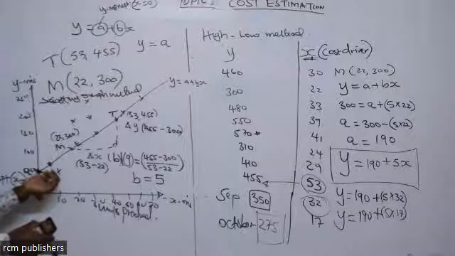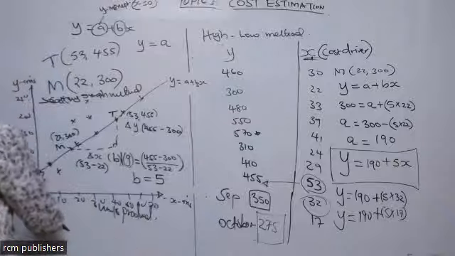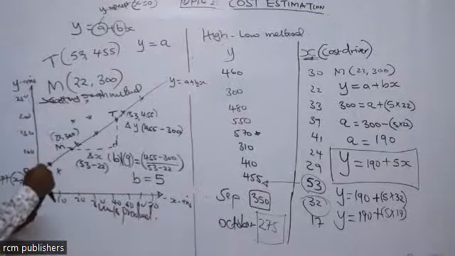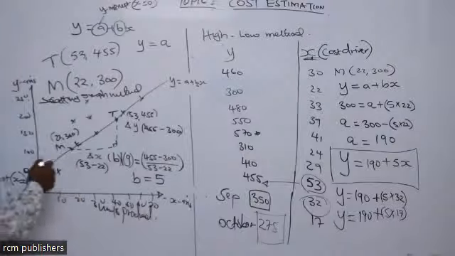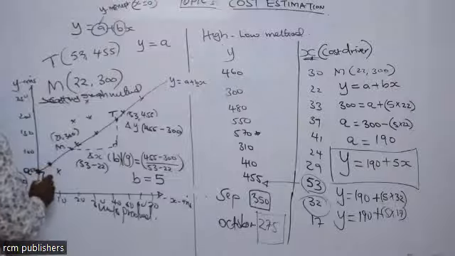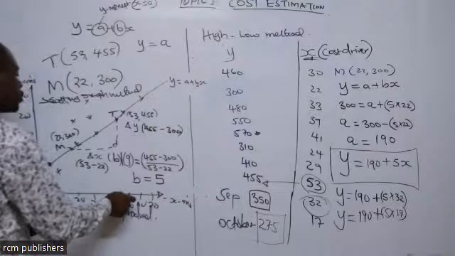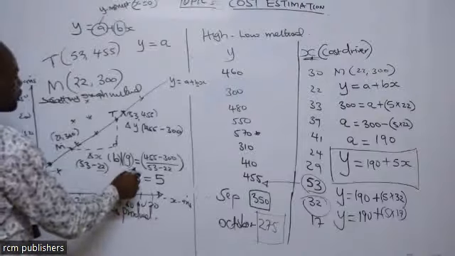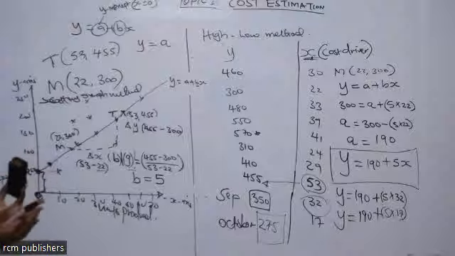So it is upon you to maximize the units of output, to maximize the units sold, so that you are able to recover the fixed cost. So that fixed cost which we are talking about is what we have in this space. Even if I've produced 0, it is still there. Even if I sell 50, it will still be there. It is already incurred. It is only this portion that is being added that is dependent on the units of output.